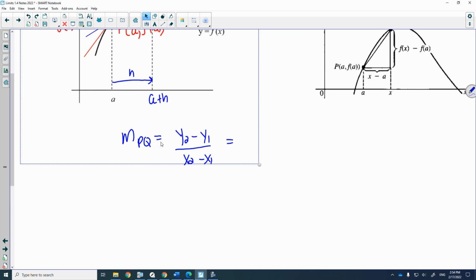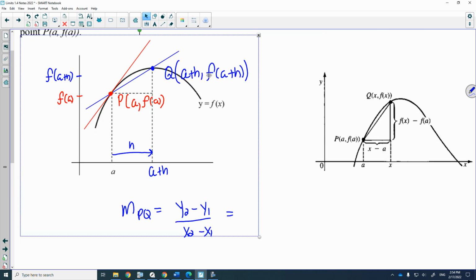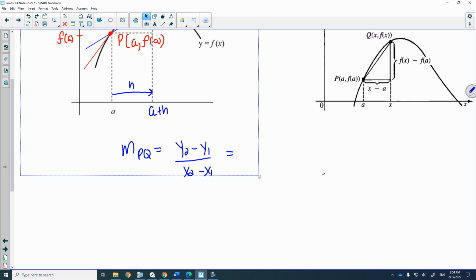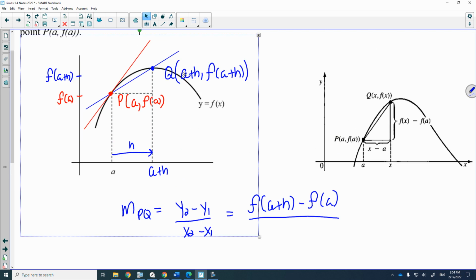And plugging in the points, remember that point Q is going to be our second point introduced. This is our first point. So it's going to be y2 minus y1, so f of a plus h minus f of a, all over x2 minus x1, so it's going to be a plus h minus a.